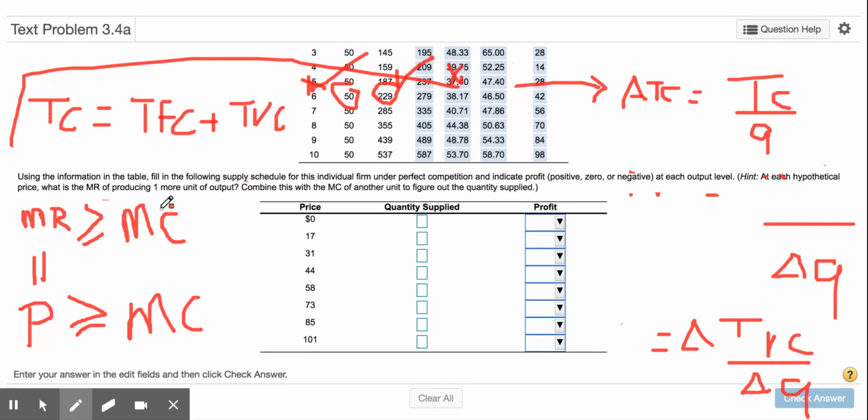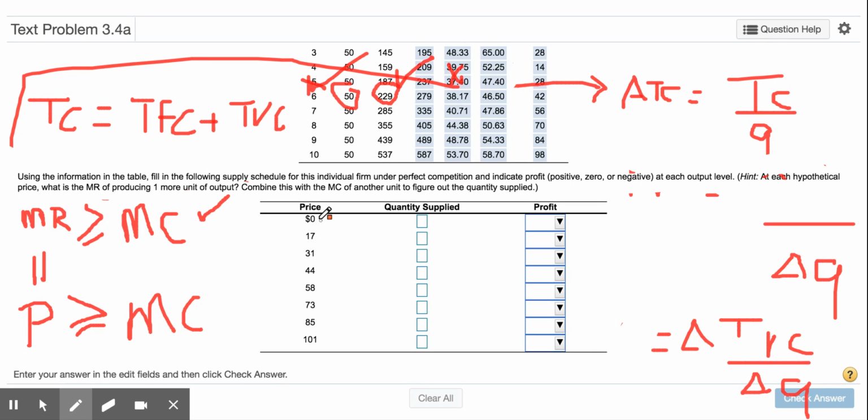So the question is, with these levels of prices, if this price is given, how much do you want to supply? Your supply is the marginal cost curve, right? So this is your supply.